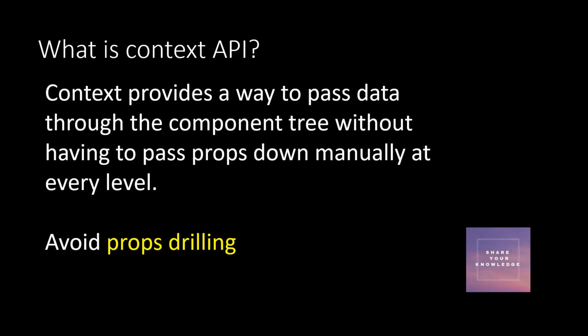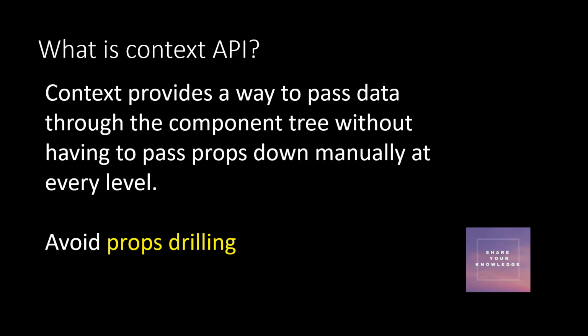So in React, if you have many levels of components, maybe you have one component, and within that there is another component, and within that another component. If you want to pass data from one component to the third, you have A, B, C. If I want to pass the value from A to C, you have to put props everywhere.